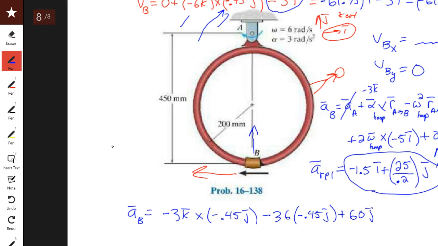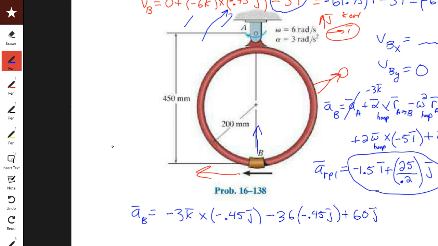Maybe I screwed up in my head a little bit. And then I've got the a rel, which is minus 1.5 i plus 25 over 0.2 j.